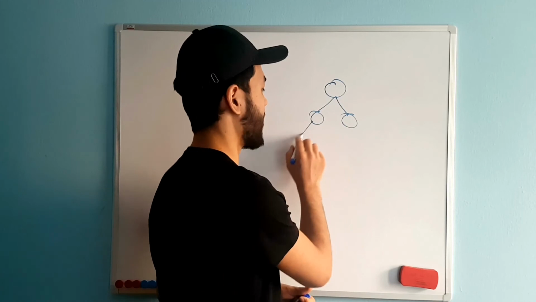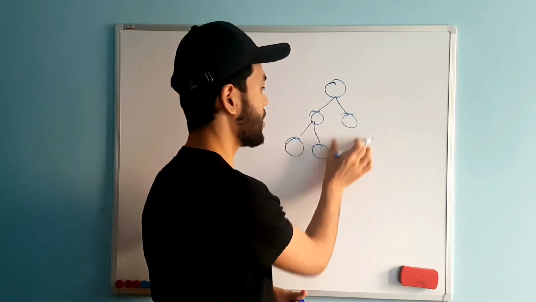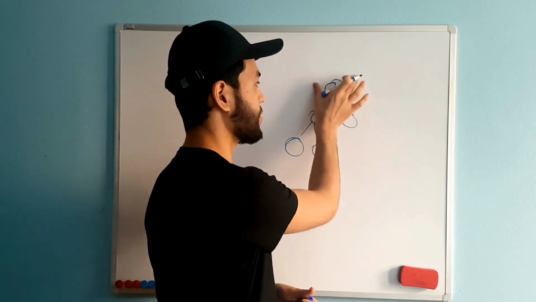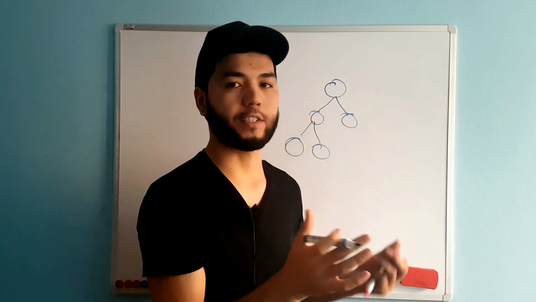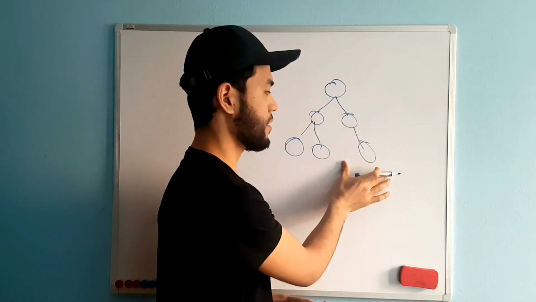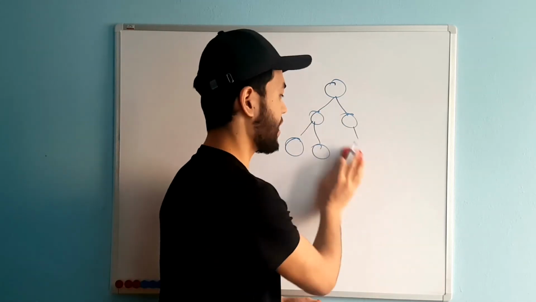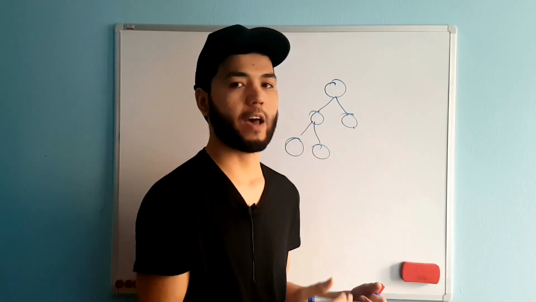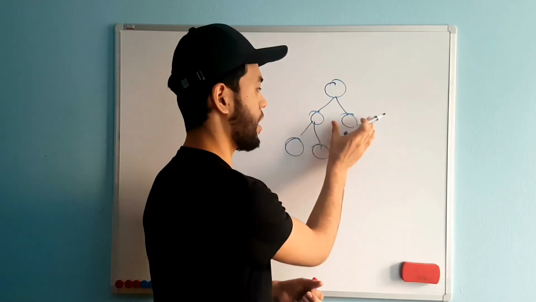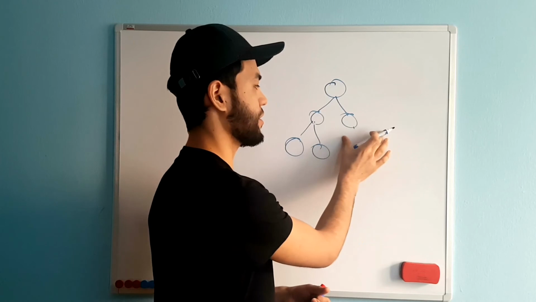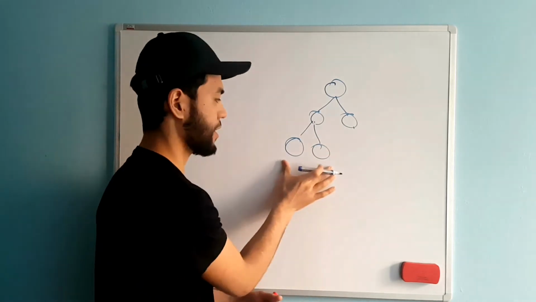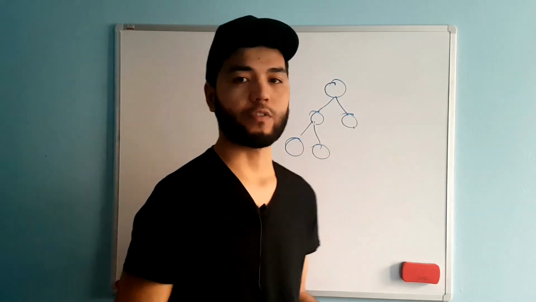Each node has either 2 children or no children. If it looks like this, this is not a full binary tree. It's impossible to have 1 child; we have only 2 children, or no child, which is a leaf. And this is our full binary tree.